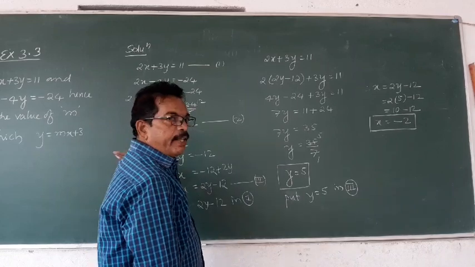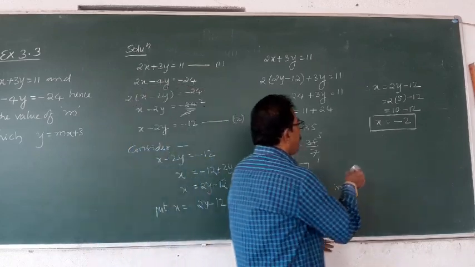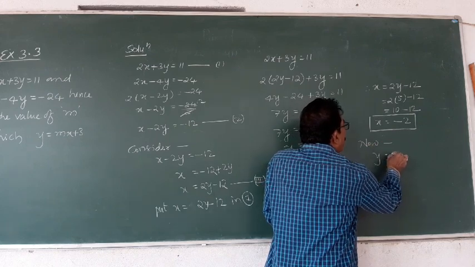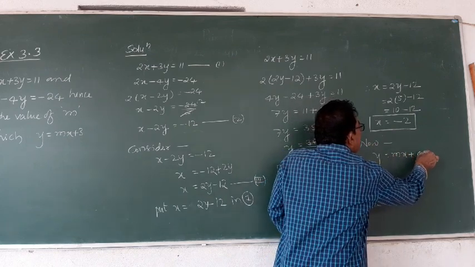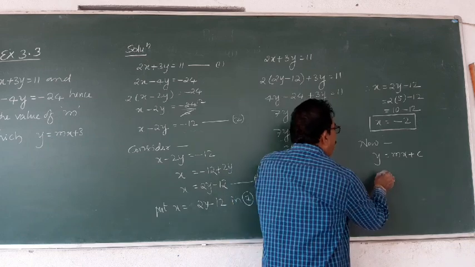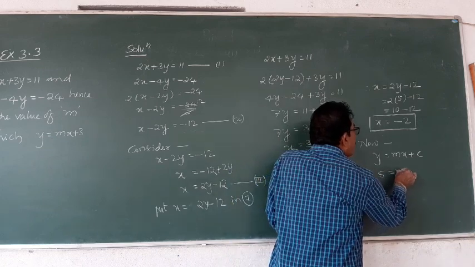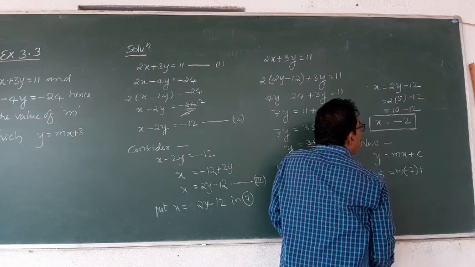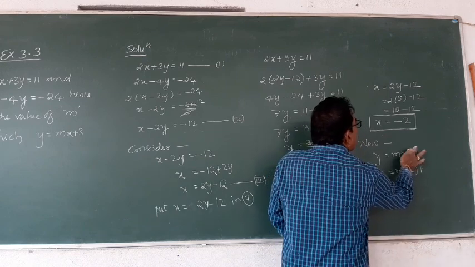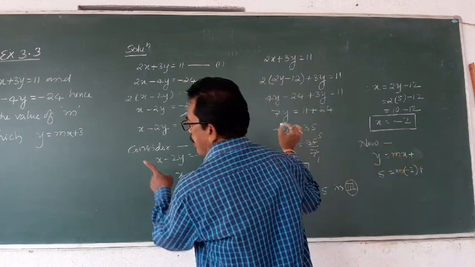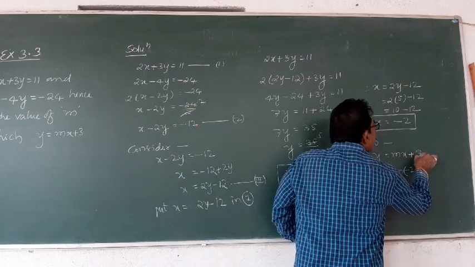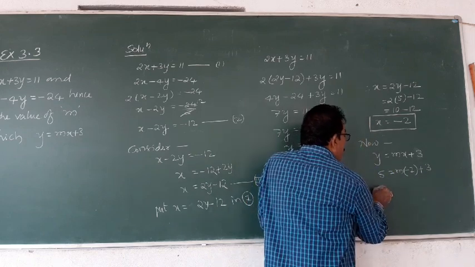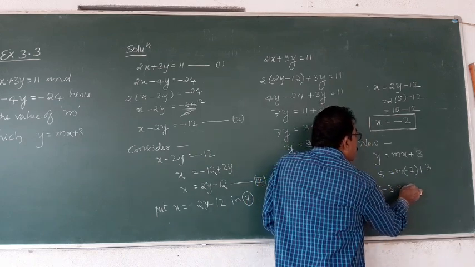Now let us find the value of m. What they have given? y equals to mx plus 3. See, y how much we got? 5. 5 equals to m in the bracket x, that is minus 2, plus 3. So 5 minus 3 equals to minus 2m.